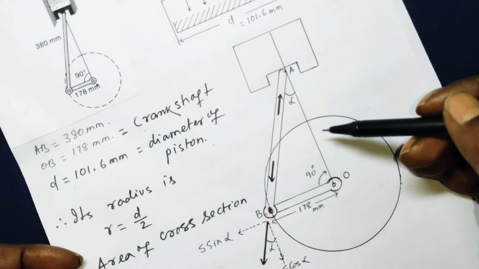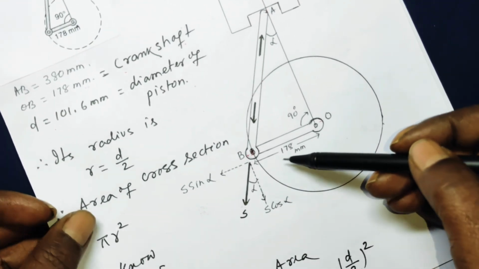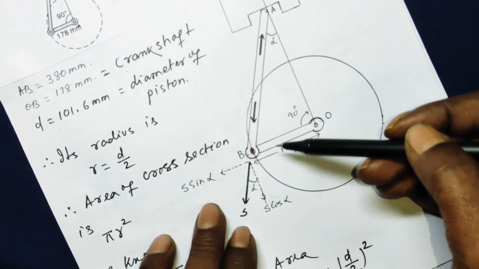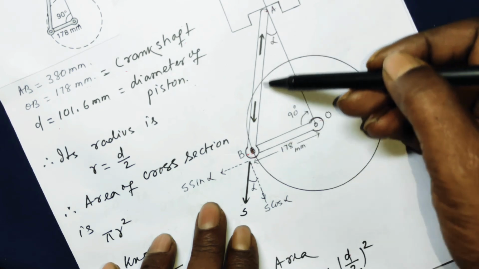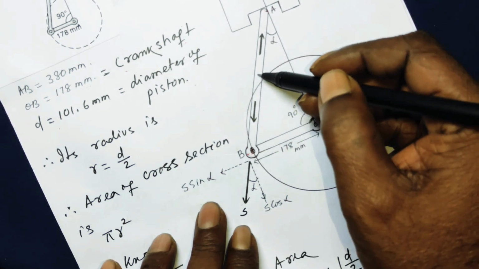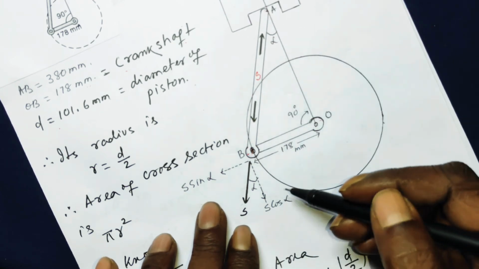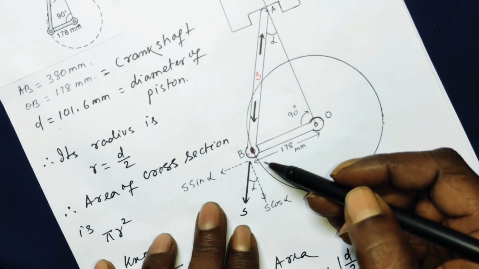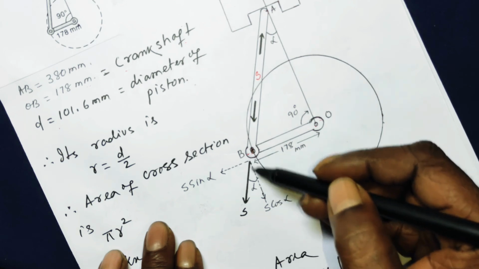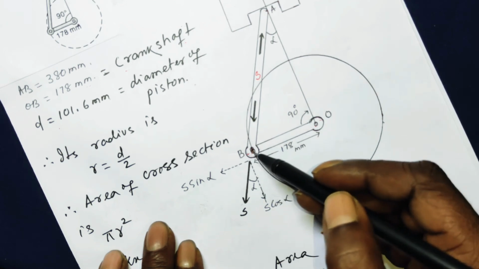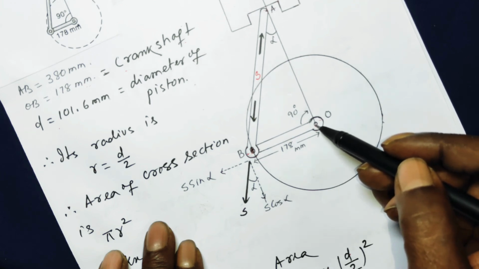As the piston moves up and down, there is an axial force developed in this connecting rod, let it be S, which will be to this side for point A, and to this side for point B. A part of that force, that is S cos alpha, will be perpendicular to the crankshaft. So the crankshaft will have a turning effect about the point O.